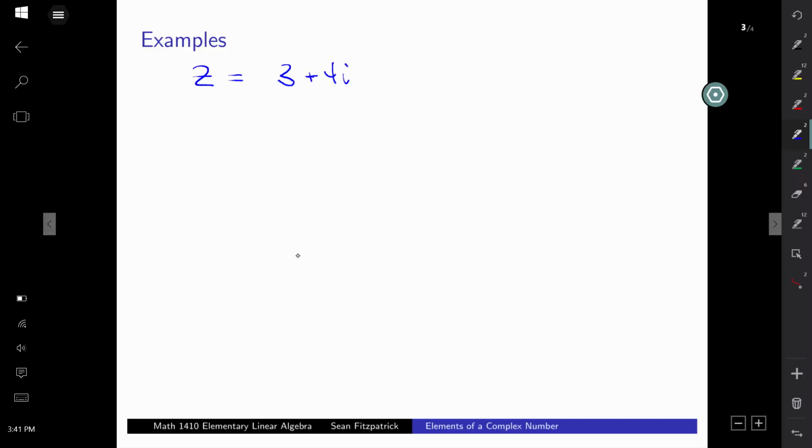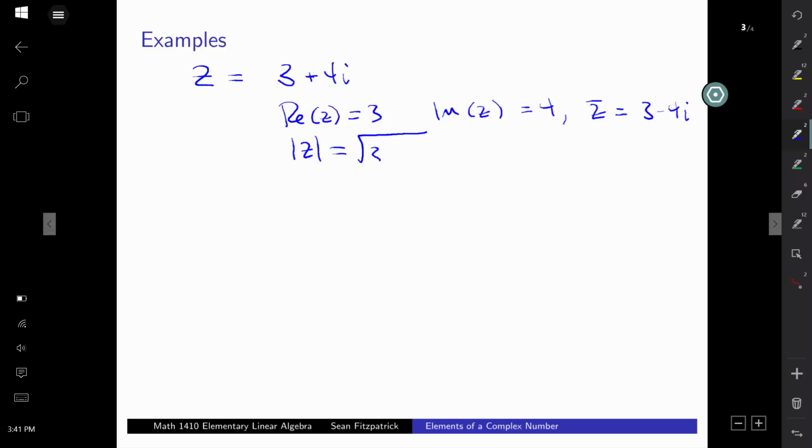If that were the case, we know that the real part of z is 3, the imaginary part of z is 4, the conjugate of z is 3 minus 4i. The modulus of z is the square root of 3 squared plus 4 squared, which is the square root of 25, which comes out to be 5.